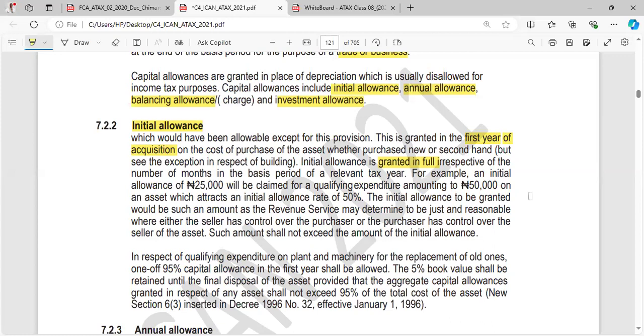Let me give you another example, using something from ICAN. This is just a way of understanding it. Let's say you are applying to become an ICAN registered student, and you pay for your registration, and ICAN gives you its membership. The moment ICAN gives you its membership, you are owing them.